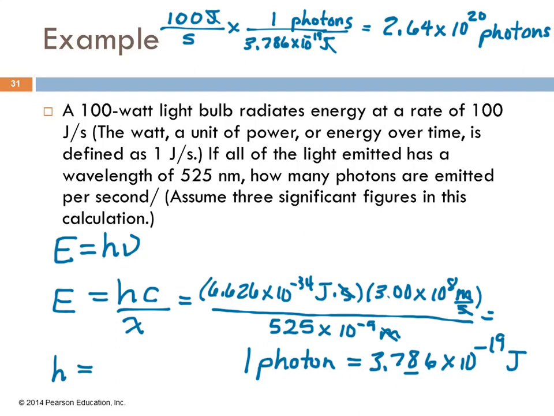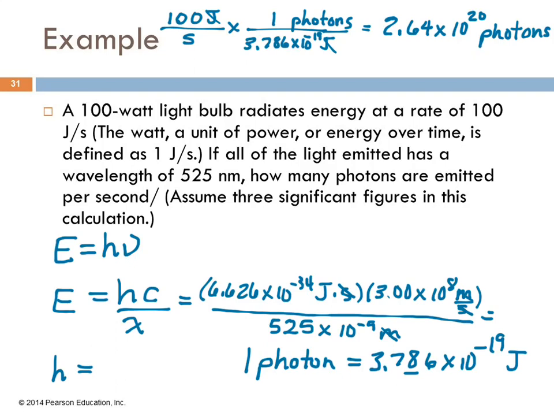Is that a reasonable number? Think about a 100-watt light bulb. That's a fairly bright light bulb, right? It's radiating light. In a second, you're going to have a bunch of photons, right? You're not going to have less than 1 photon, right?